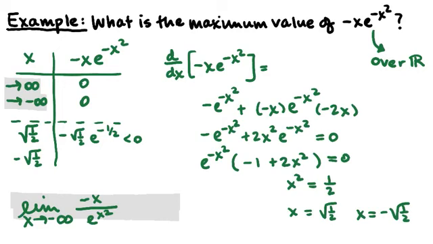Negative square root, so that's just the positive square root of a half, times e to the negative 1/2. That's a positive number. So the maximum value is going to be this thing that I've highlighted there. That's a case of one that has a single maximum value over all real numbers.